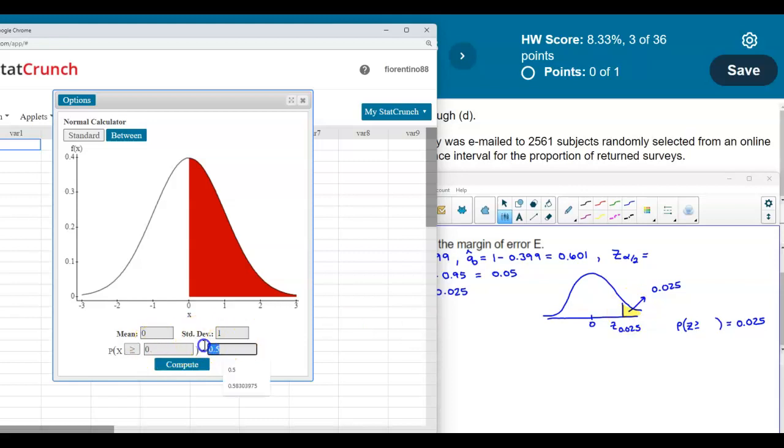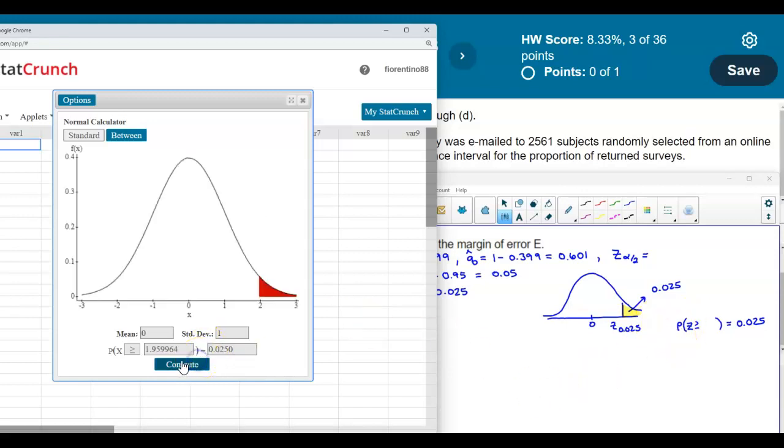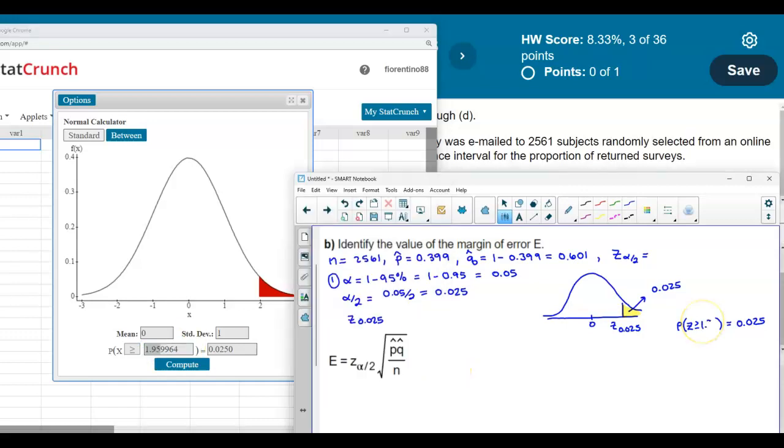Then we put in the area that's shaded, which is 0.0250 in this case. And that's going to give us 1.96 rounded to 2 decimal places. So that's going to be our critical value. And now we can use that in our formula to find the margin of error.